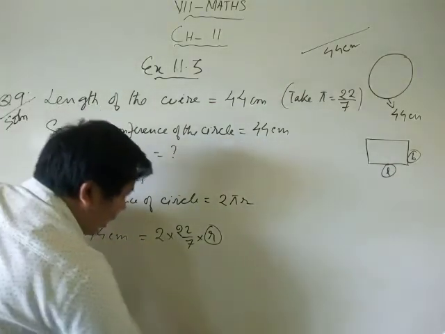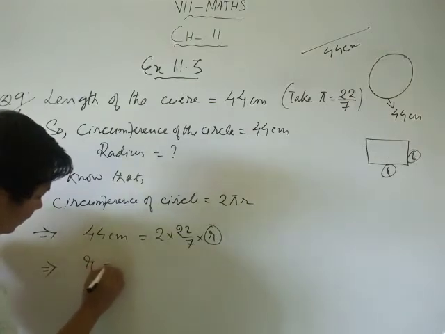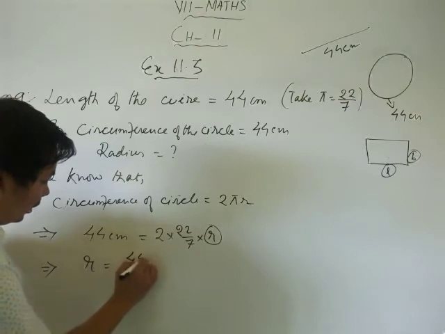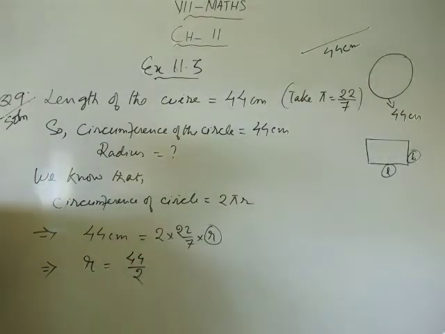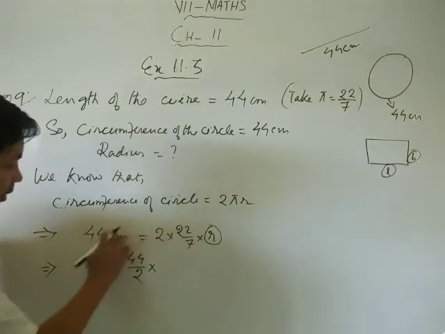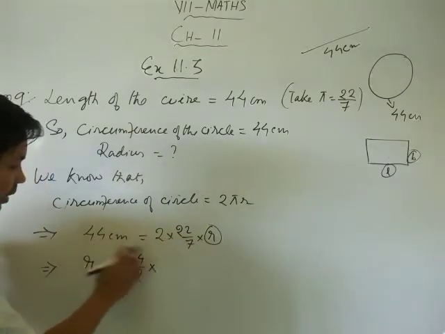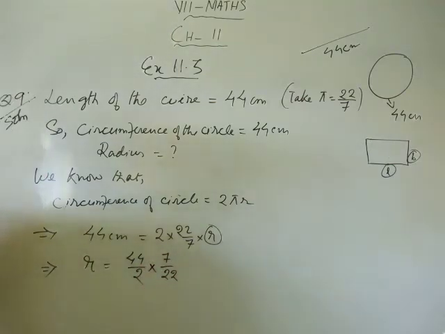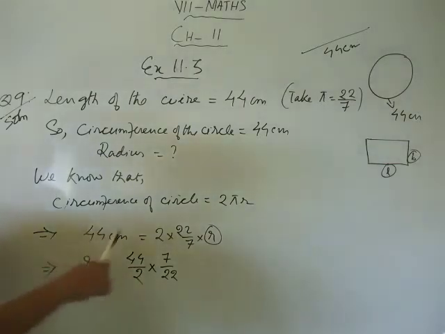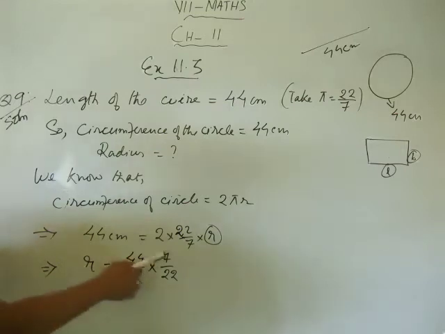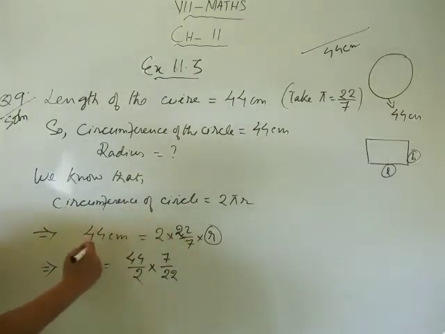I write r on the side. This 2 will come here, that means in this 44, this 2 will divide. Yes or no? Yes. And if you bring this on the other side, it will become 7 by 22. Reciprocal. We will change to the reciprocal.